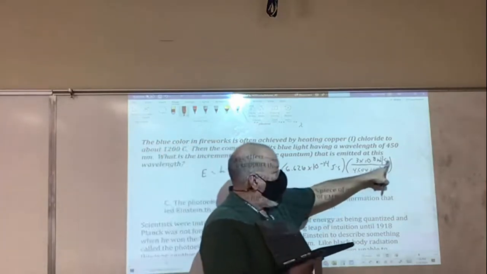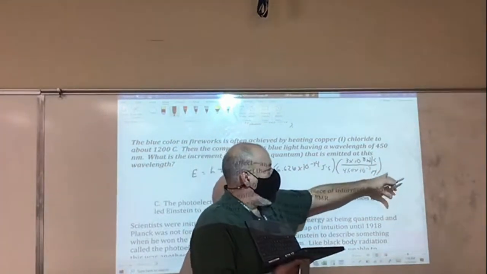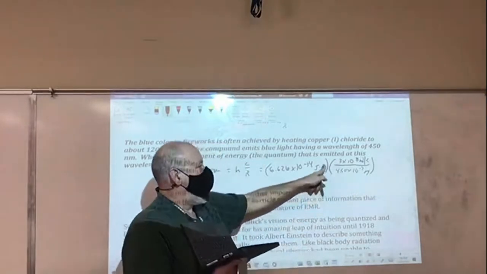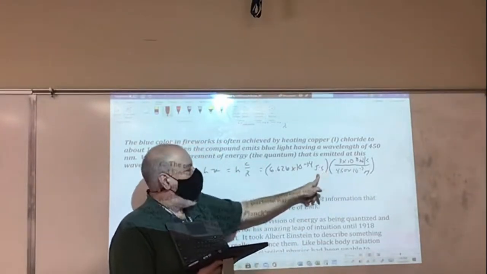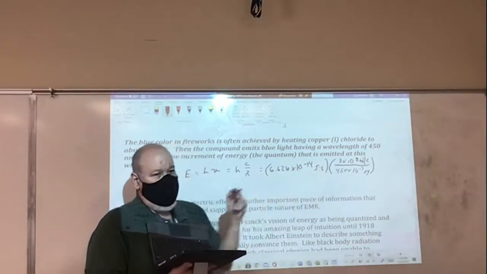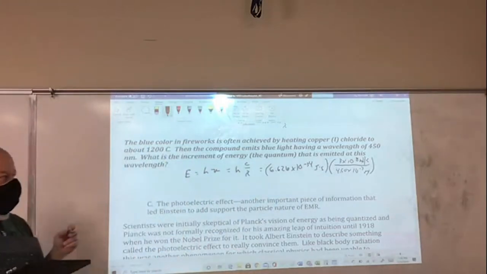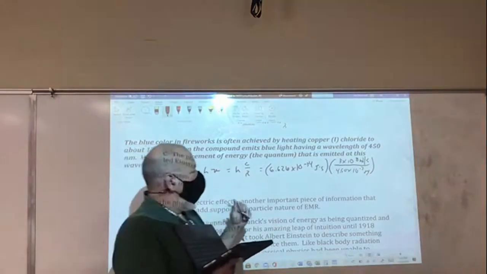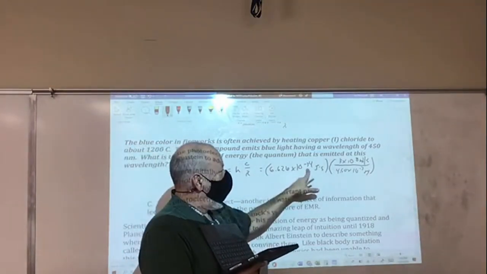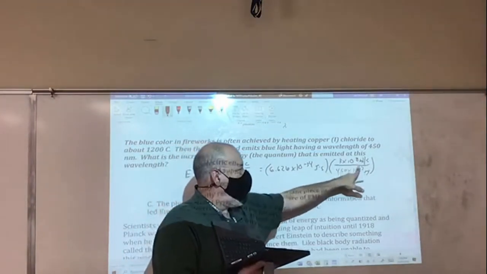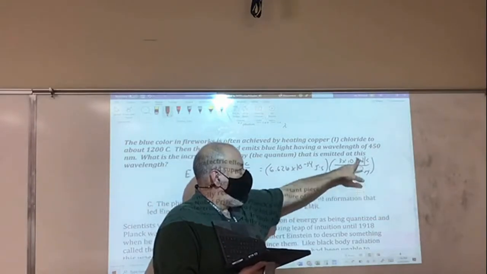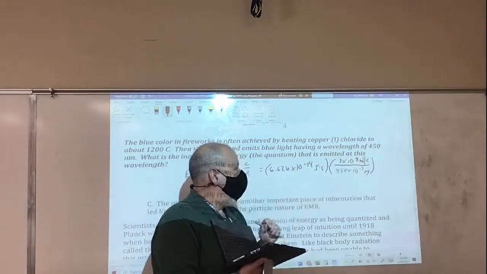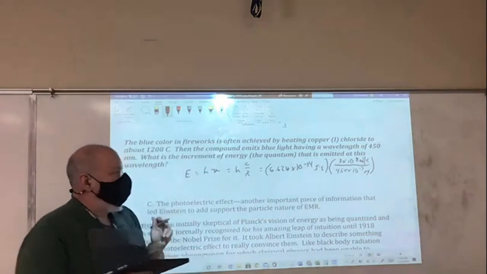This per second is going to end up being in the denominator, and that will cancel out seconds. And that will leave us with joules, which is what we want. And I'm going to be multiplying 10 to the negative 34th times about 10 to the 15th, right? So my answer should be somewhere around 10 to the negative 19th.